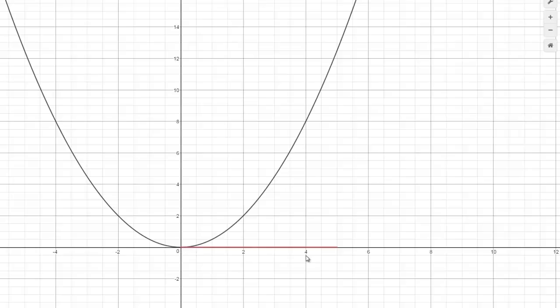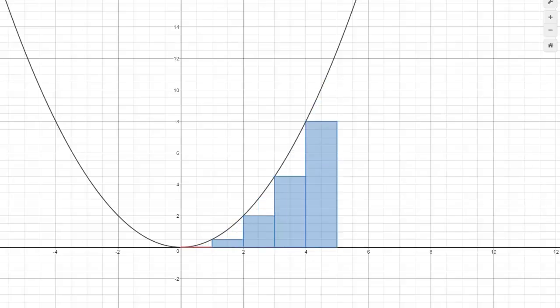Let's say I only have one rectangle. Well, the height would be f of 0. But what's f of 0 when this is our function? It is 0. So there is essentially a rectangle of 0 height. The width of the rectangle is 5, but the height of the rectangle is 0. So that's a really terrible approximation. But let's see here as I increase the number of rectangles.